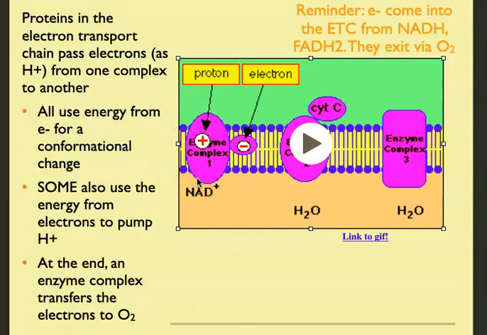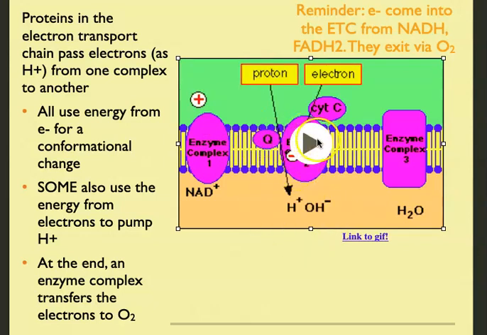Enzyme complex 1 receives a hydrogen from NADH, and it actually splits up the hydrogen. It donates the electron to the next protein in the electron transport chain, and then it pumps the proton across the membrane. Then the electron is passed to complex 2, and there are other protons in the cell.